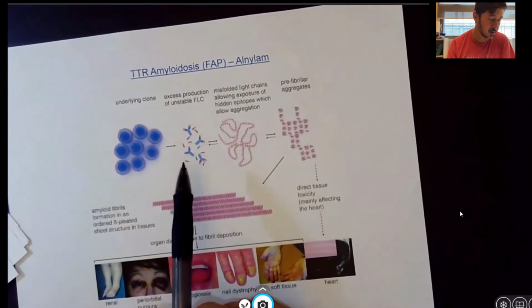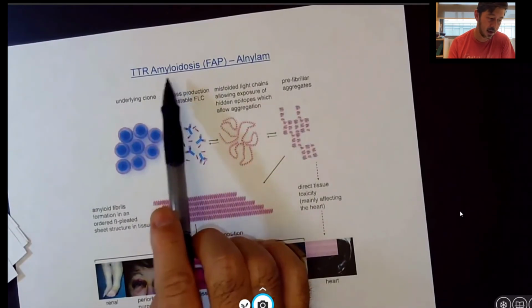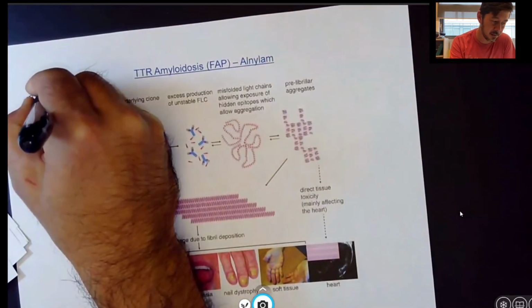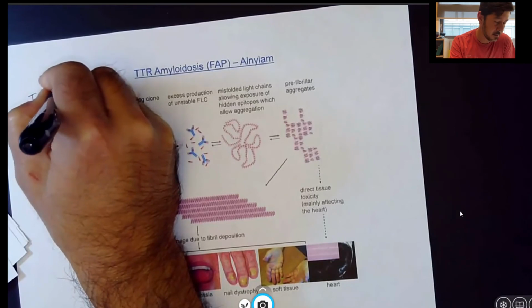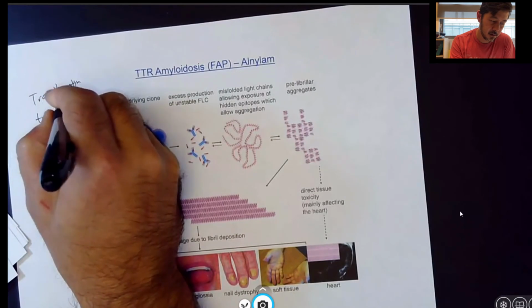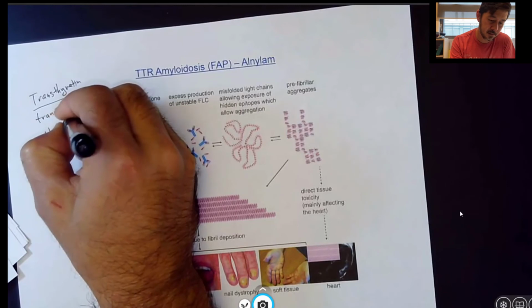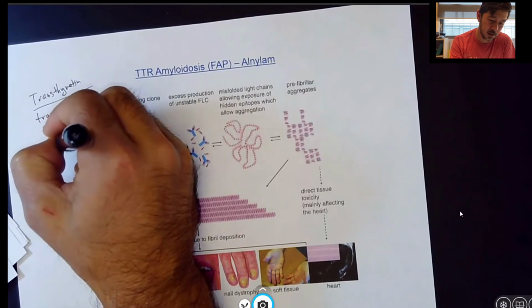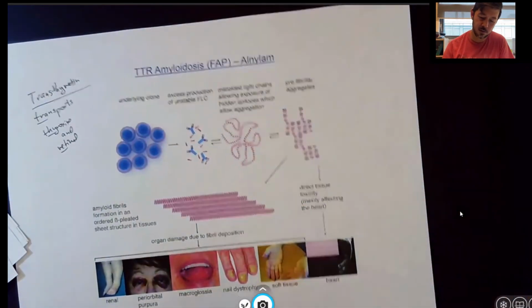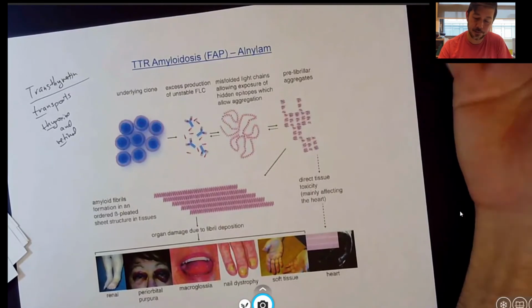So again, this is called TTR amyloidosis, and TTR stands for transthyretin, which comes from these words here: it transports thyroxine and retinol. So it's a protein that transports thyroxine and retinol, which are important molecules for the body.